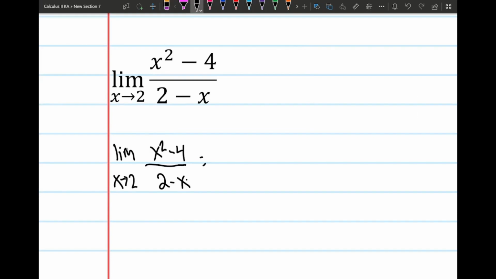We have the following problem: the limit as x approaches 2 of x squared minus 4 over 2 minus x. A lot of students don't know what to do when they do direct substitution, and that is the first step. We get 2 squared minus 4 over 2 minus 2.